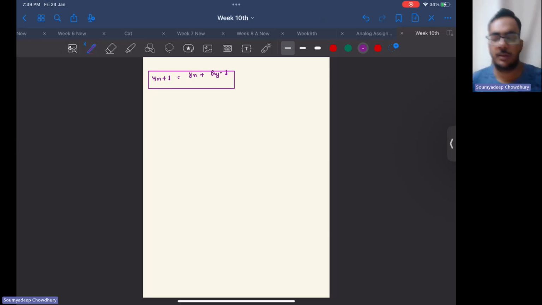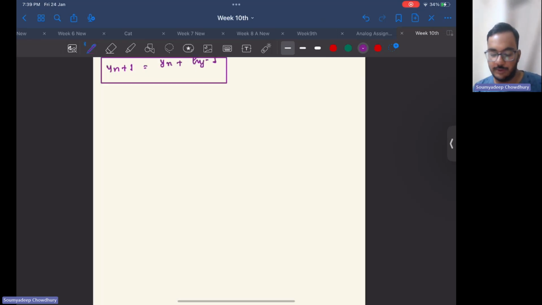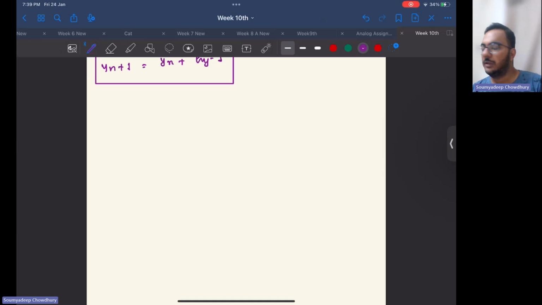So a little bit modification of this method we can do. Instead of taking the average slope, that is 50% of the slopes of the two, we can do a little bit modification and we can introduce two more constants and we can try to find out a better approximation.